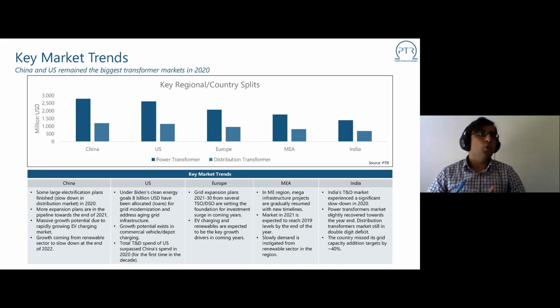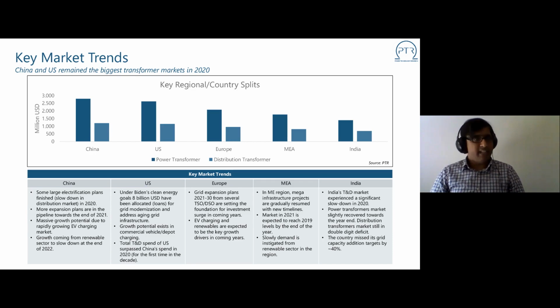And now there are set goals for many utilities to have the losses limited to a certain factor. We already saw this was impacting the transformers market. But all of that got impacted in 2020. And still the distribution transformers market is not back to 2019 levels. And we do not expect that to happen even towards the end of 2020.